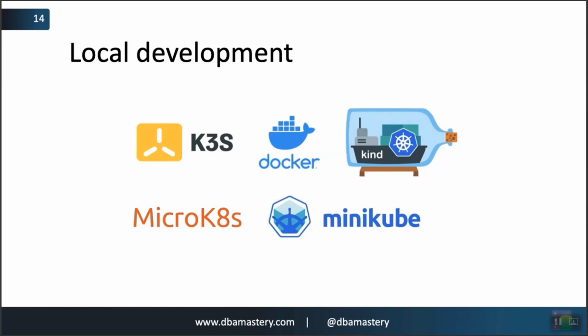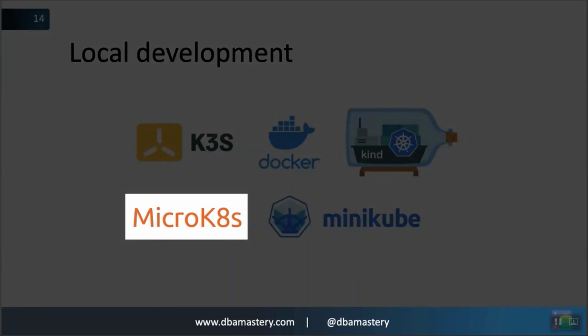So we have this, I would say, it's difficult for me to explain this, but these are implementations of Kubernetes that you can run on your own machine. So we have different ones here, as you see, we have Minikube, we have Docker, we have Kind, but let me tell you this, based on my experience, MicroK8s is so far one of the best, or probably the best.